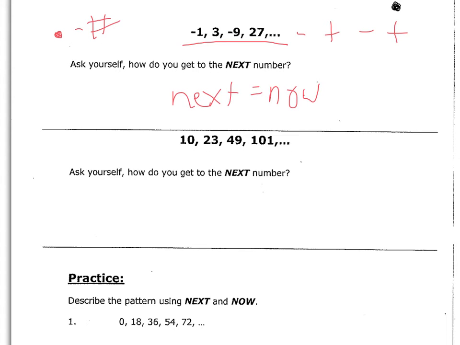Well, of course, you have to multiply by negative 3. Negative 1 times negative 3 gives us 3. 3 times negative 3 gives us negative 9. So the pattern is multiply by negative 3, and we're going to plug that into our formula here. Next equals now times negative 3.